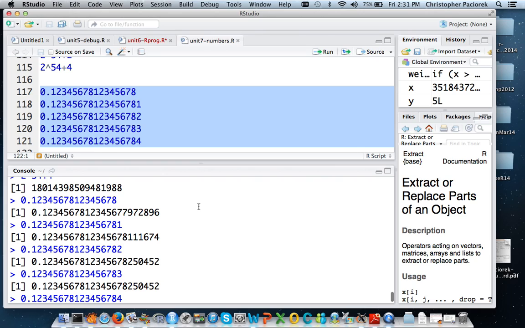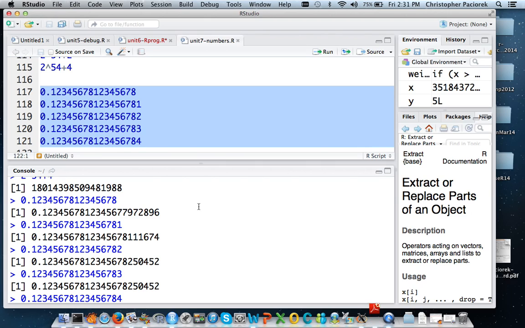Here's the best we can do in terms of representing this number in our base 2 representation. If I increment it by a little bit, I can see that it does change. I do get a different representation. It's still accurate to 16 digits, but this is the best I can do for this number.